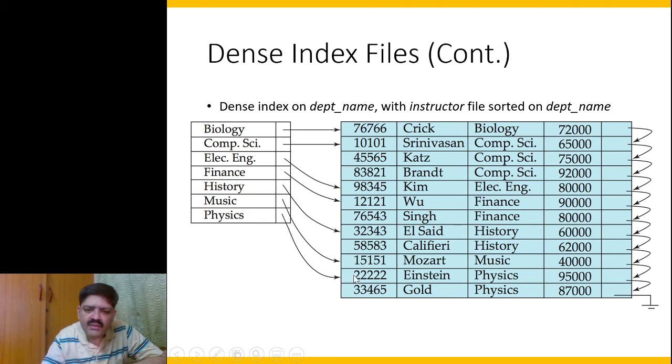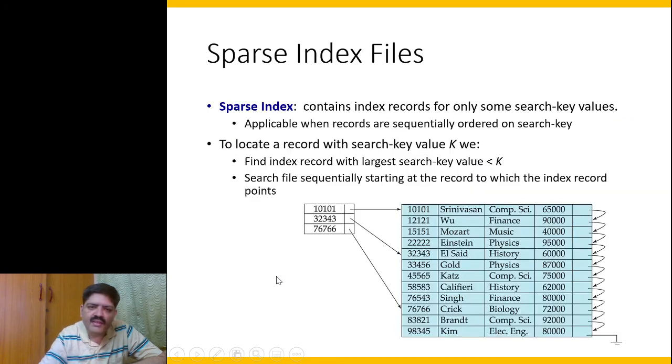So let's say there is one physics entry pointing to the first physics record, and from there I can follow the pointer to go to the next record which is by default available, let's assume. So we could do this, and this is an example of a dense file index.